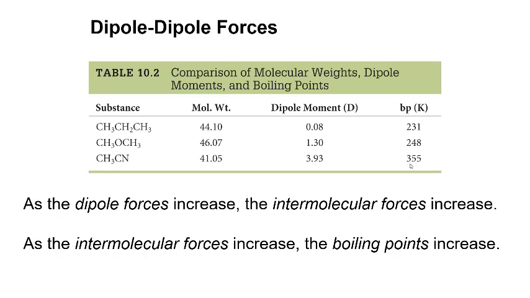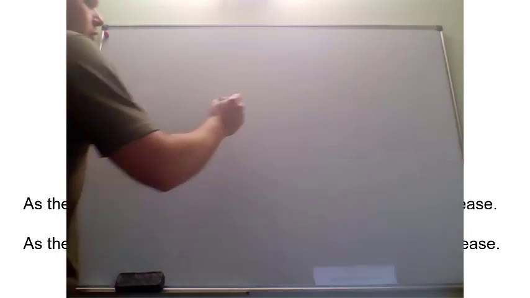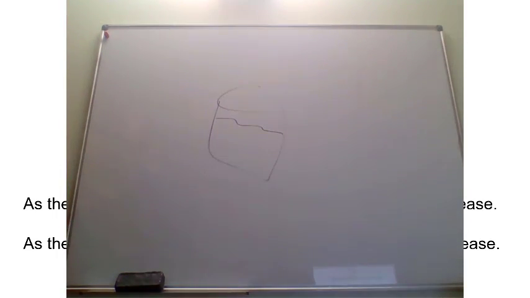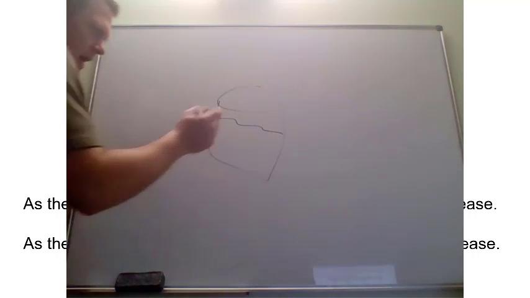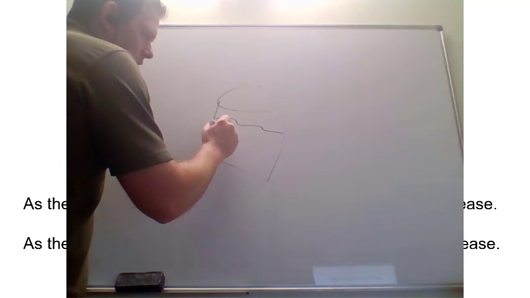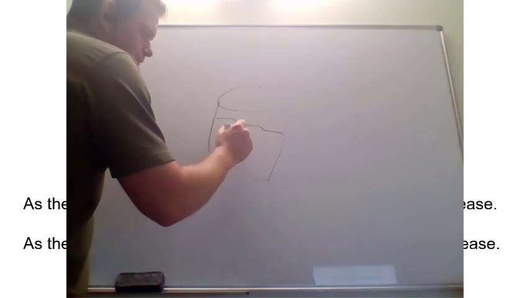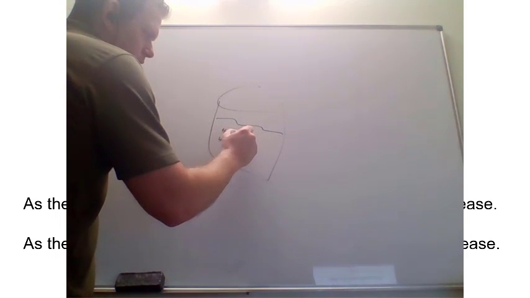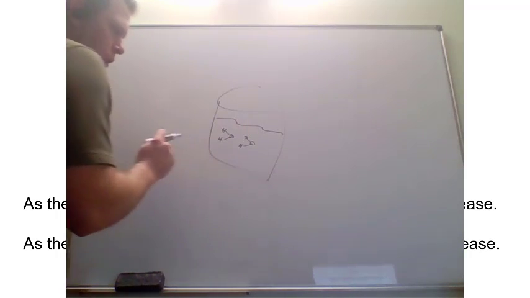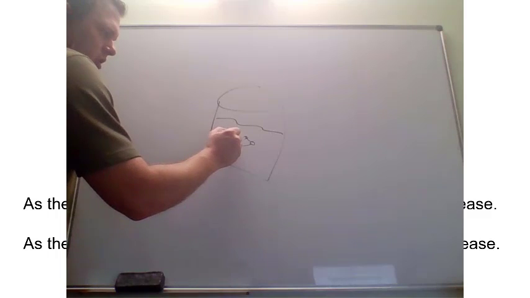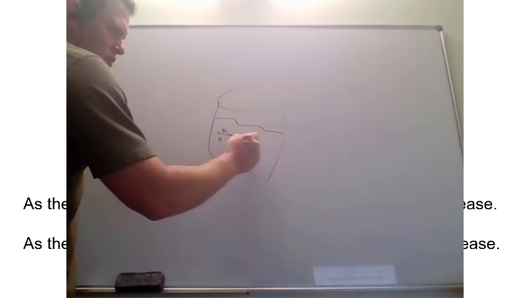Why is that true? So if we go up here on the board, we can take a look at if we have a liquid solution. And so let's think about water. Okay, so water, we have our H2O. And so we know that our hydrogen side is going to have a partial positive charge and our oxygen side is going to have a partial negative charge.